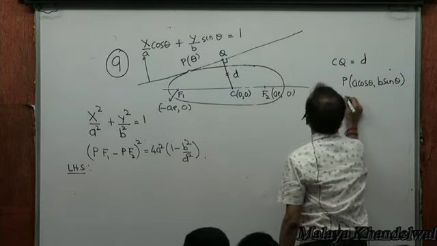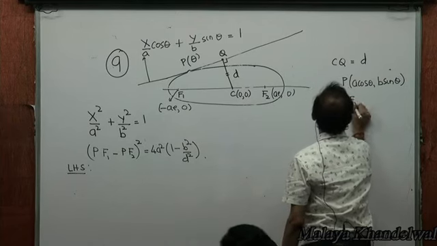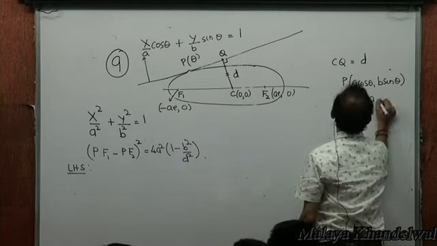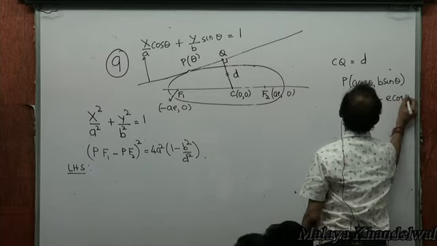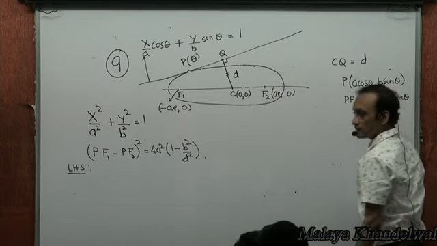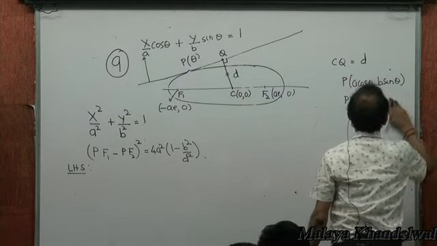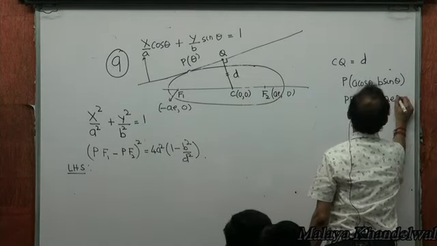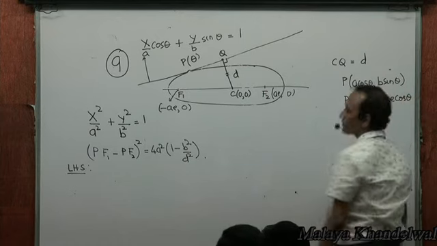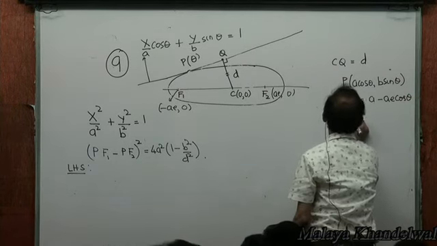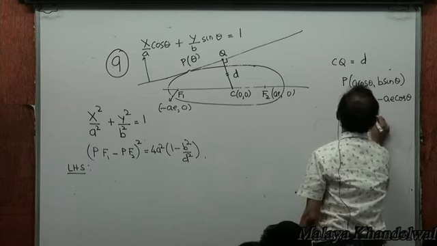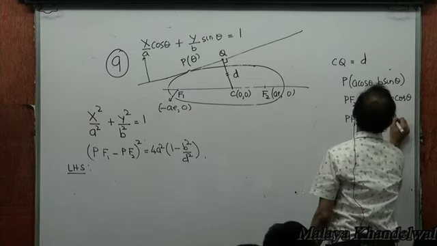Then PF2 is going to be a minus e cos theta, a minus ex, isn't it? And ae cos theta, right? And PF1 is a plus ae cos theta.